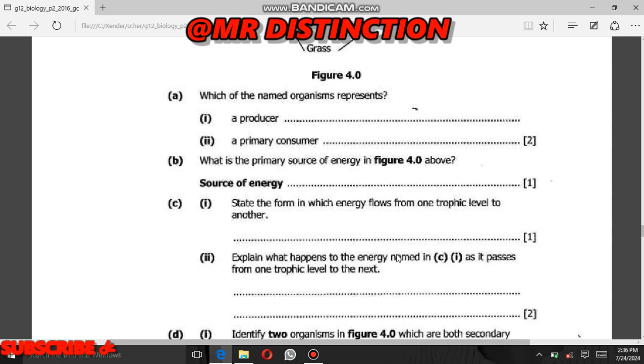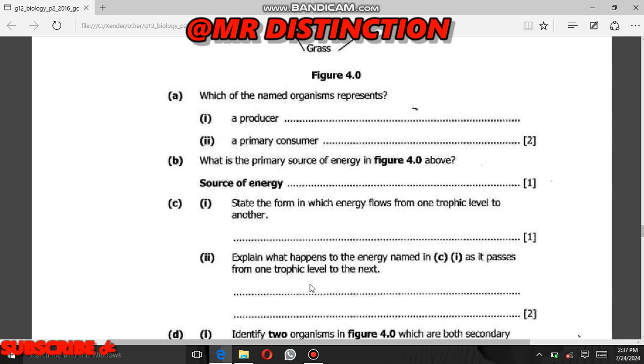Question C2. Explain what happens to the energy named in C1 as it passes from one trophic level to the next. What happens is that this energy is reduced. What is the reason behind this? After an organism obtains energy from the producer, that organism will use that energy in different processes such as excretion, respiration, movement, and other processes.